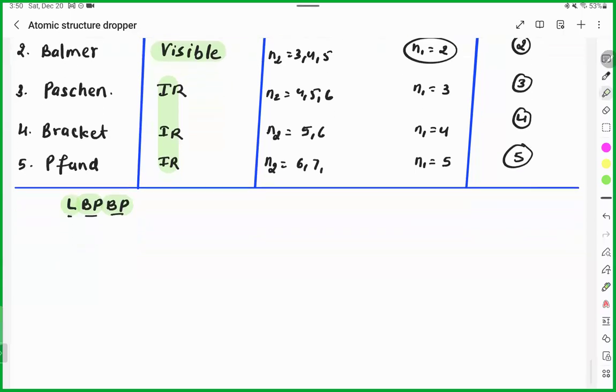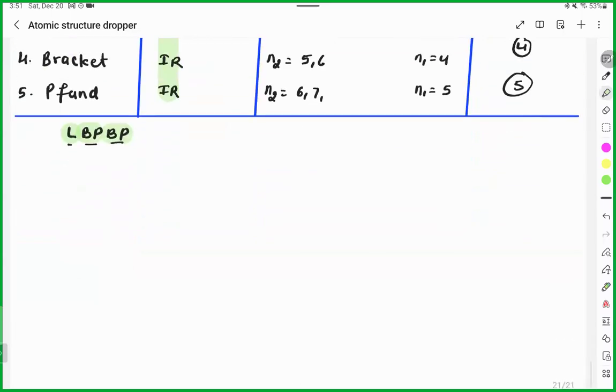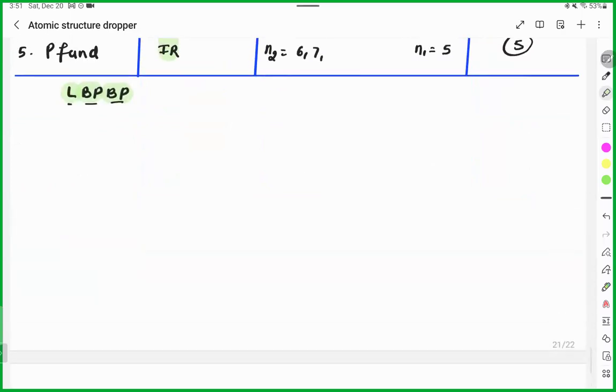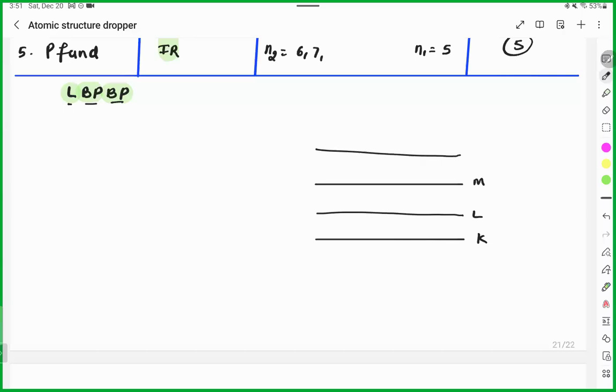Based on that, there will be different kinds of spectral lines. For example, if you have different shells or orbits, if this is the first shell, I'm calling it not 1, it is always K. Second, L. Third, M. Fourth, N. Fifth, O, and it keeps going on.